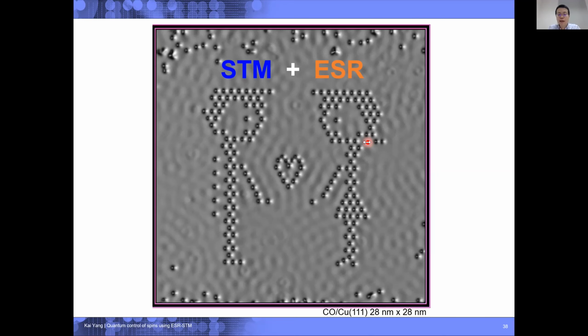It turned out the other benefit of MgO is that it has very few nuclear spins, because here our magnetic atoms are adsorbed on top of the oxygen or in between oxygen sites. And we know that for the oxygen atom, about 99% of the oxygen doesn't have a nuclear spin. So this can make our T2 time longer.